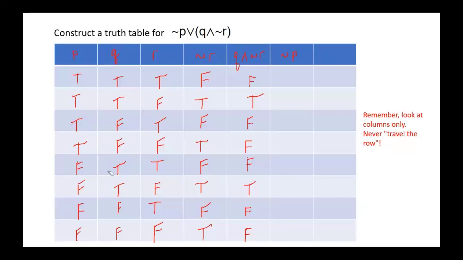So I'm not looking at these columns I had marked just a moment ago. To get this one, I am only looking at this column, P. Looking at this column, I know that not P changes the truth value. So everything in the first column, I need to now have the opposite of that written in my not P column. So that means it's going to be.